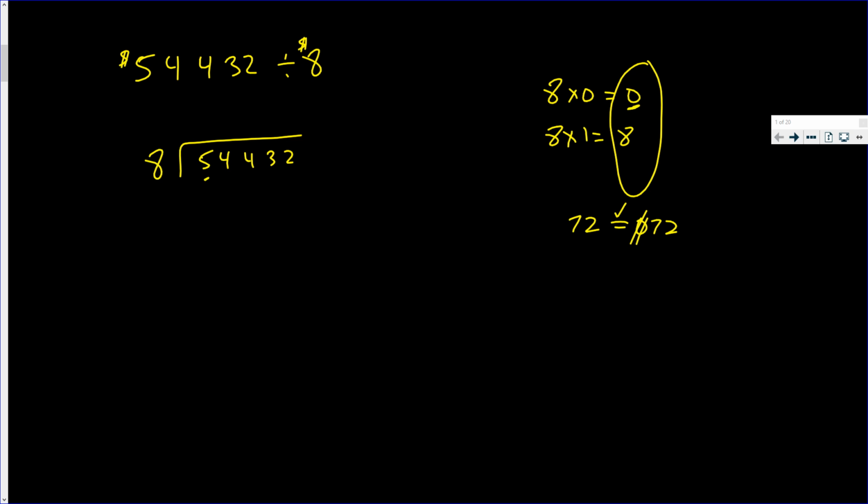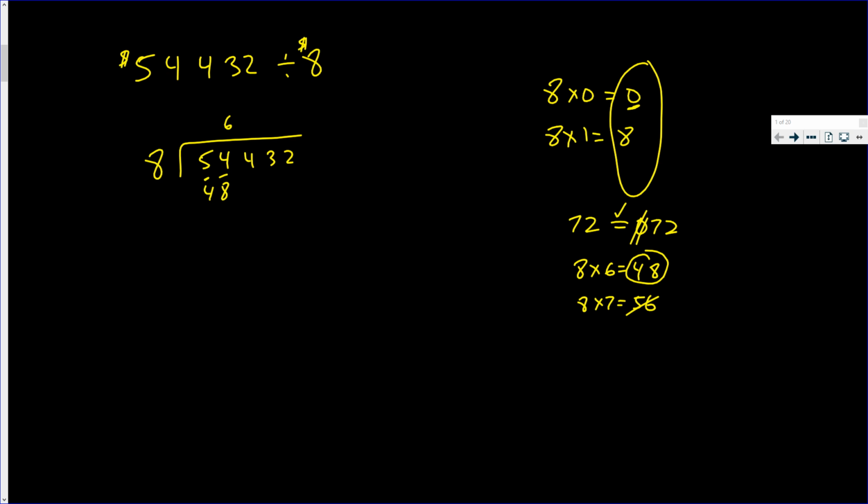So then we go to 54. Well, 8 times 6 is 48. That's close to 54, but it's not over. 8 times 7 is 56. Now that's over. The largest number on the 8 times table that doesn't go over 54 is 48. 8 times 6 is 48.